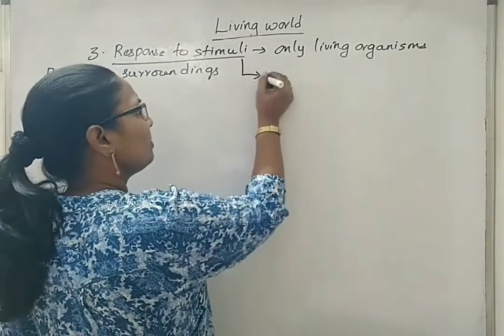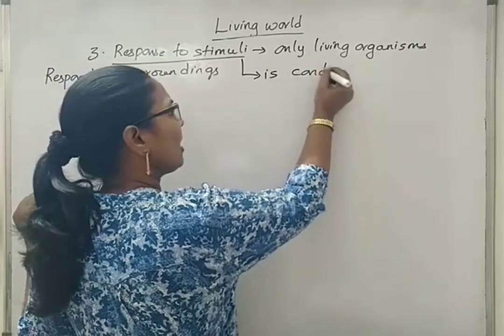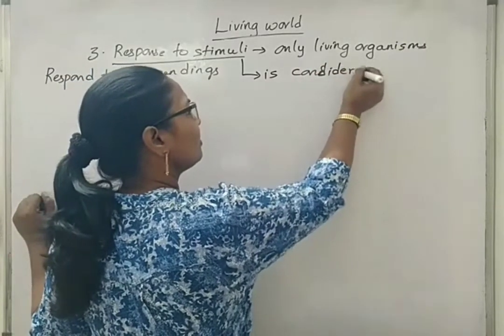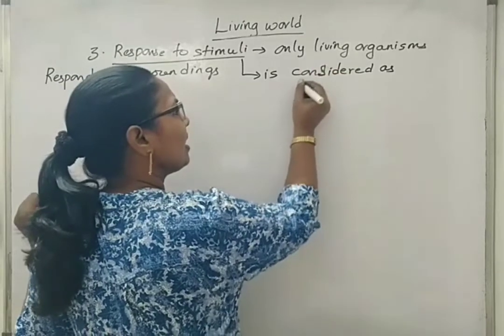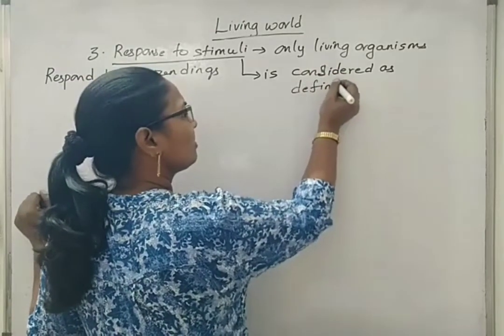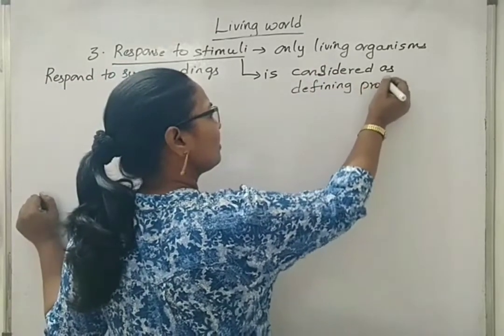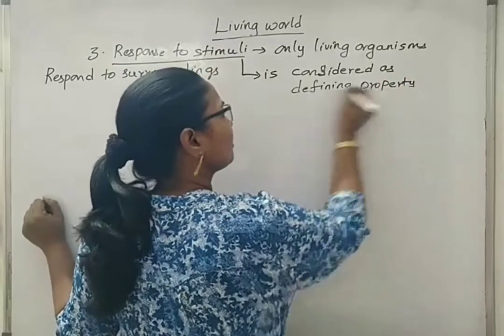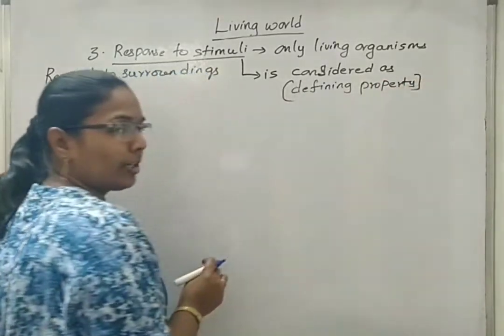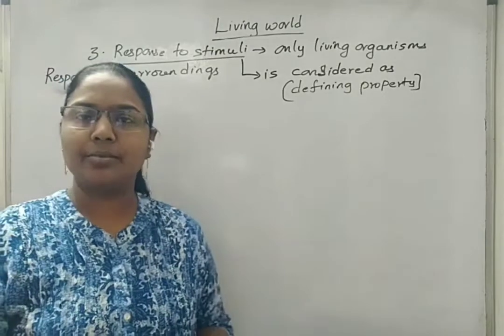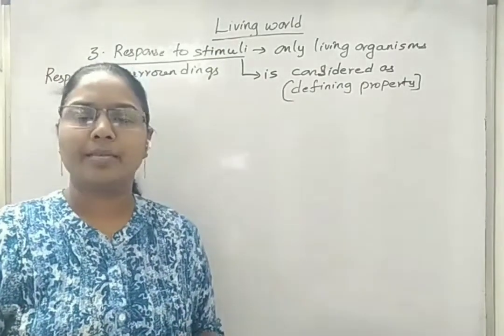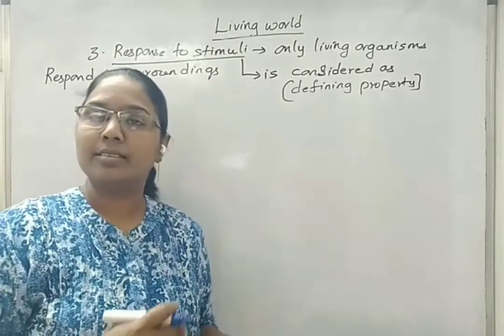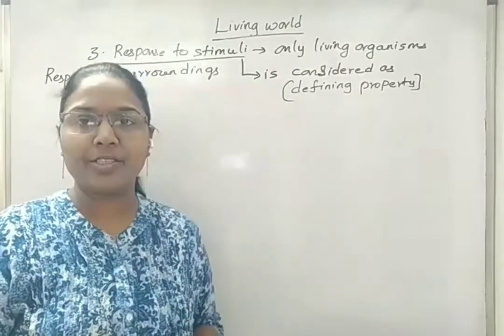Response to stimuli is considered as defining property. But among living organisms, coma patients are there who are not at all responding to any of touch or any of stimuli. Then how can we tell that response to stimuli is a defining feature?